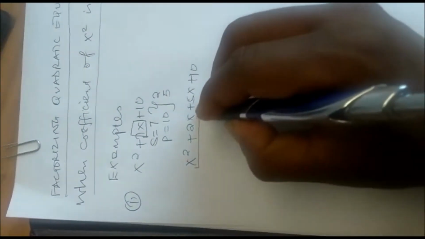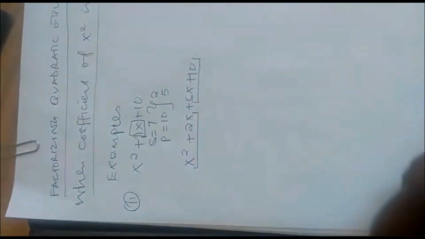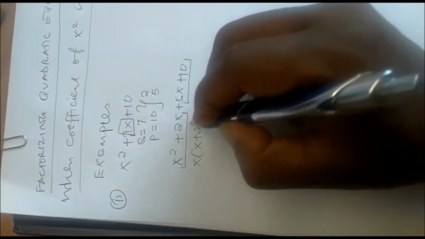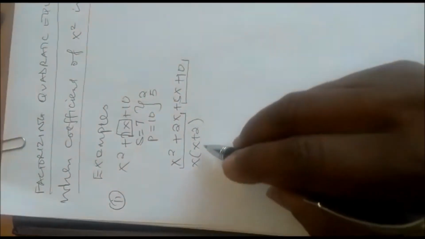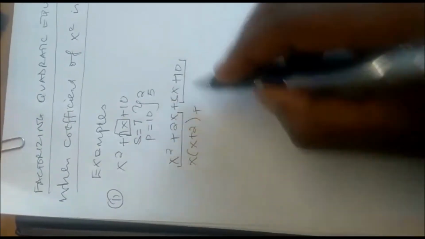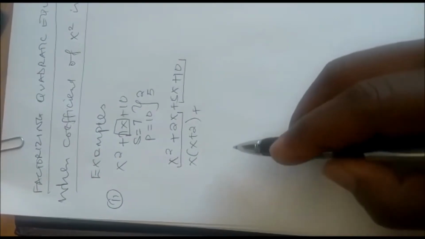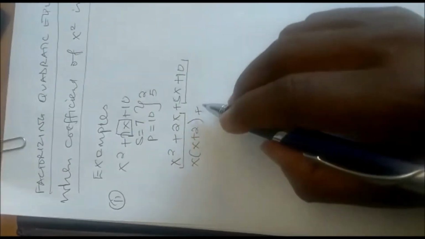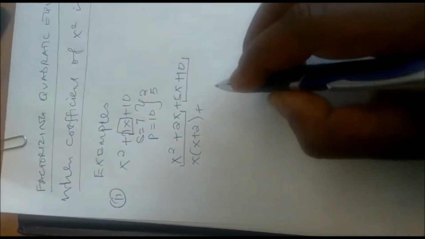So in this case, we therefore put them in pairs. We group them in pairs. So in the first pair, we look for what is common. We realize that x is common between the two, so this becomes x into x plus 2. In the second pair, we also look at the two values that we have.